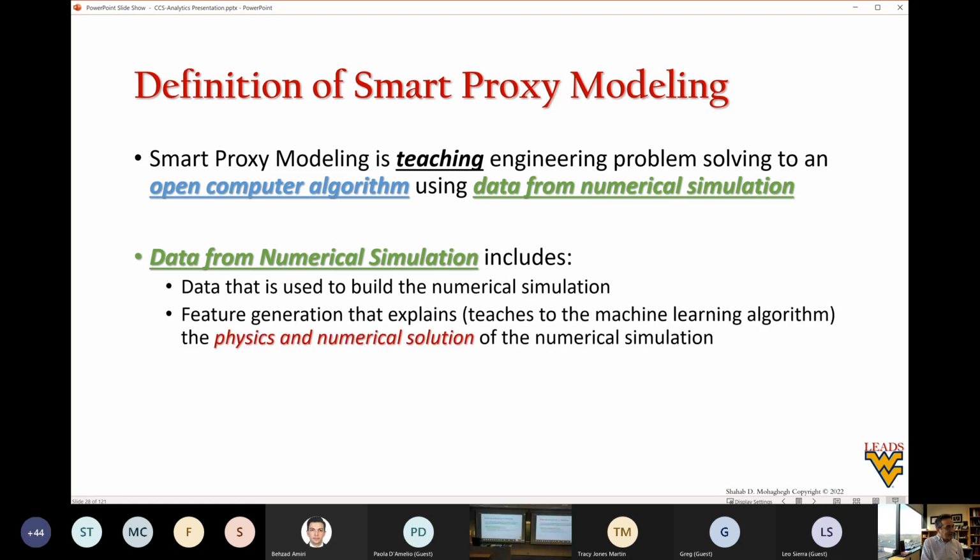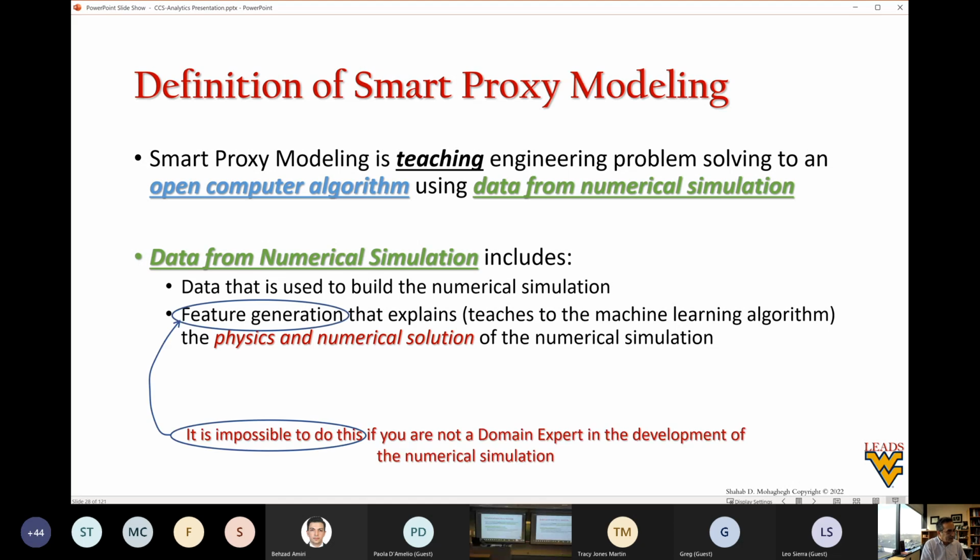However, another thing that is required is called feature generation. That feature generation explanation is teaching the machine learning algorithm. That feature generation explains the physics and numerical solution of the numerical simulation.